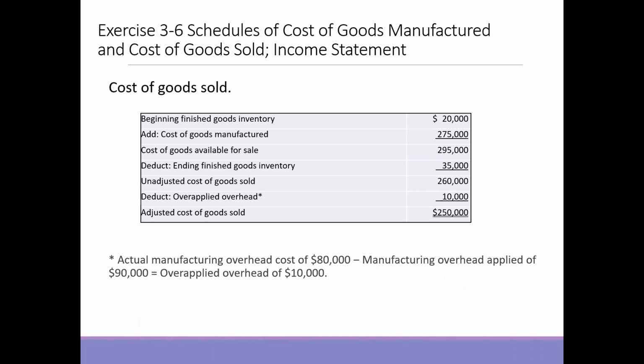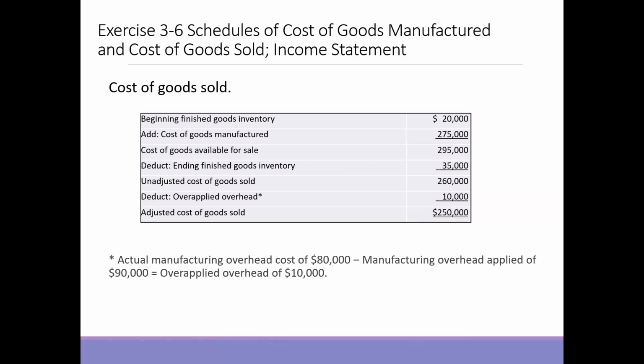What we're doing here, it gave us the 90,000 we applied to manufacturing for manufacturing overhead, but it was really only 80. You see, so we overestimated. If we've overapplied it, we're going to subtract how much we've overapplied.